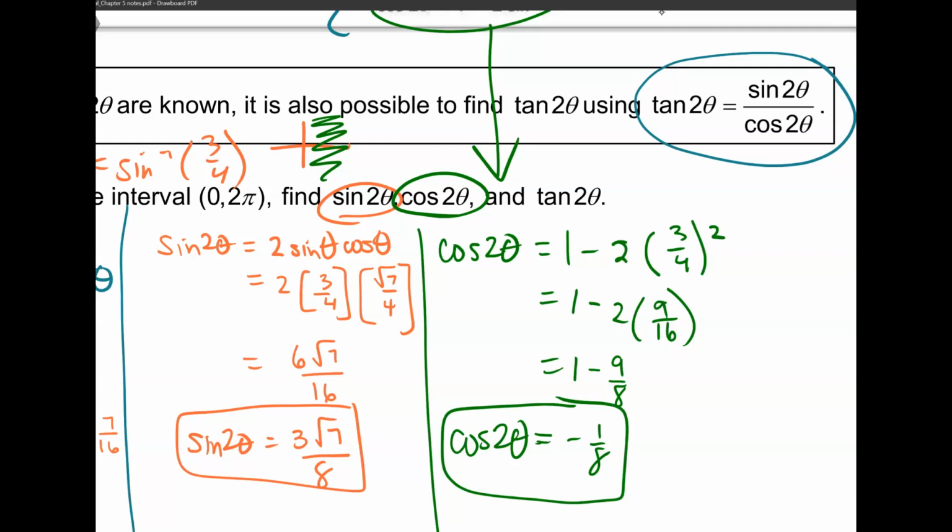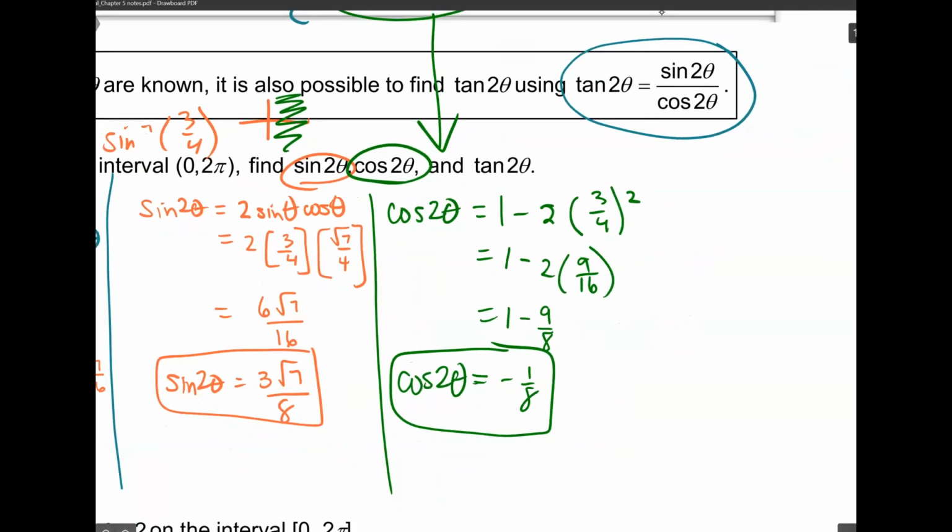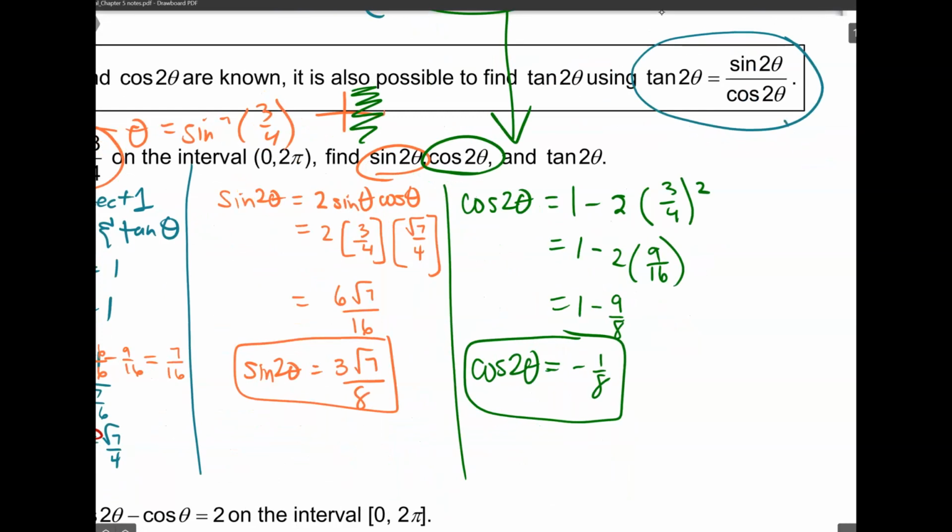And then lastly, if I want to find tangent of my double angle, we can just use the regular quotient identity. It's just instead of having thetas, it's all double thetas, all double angles.